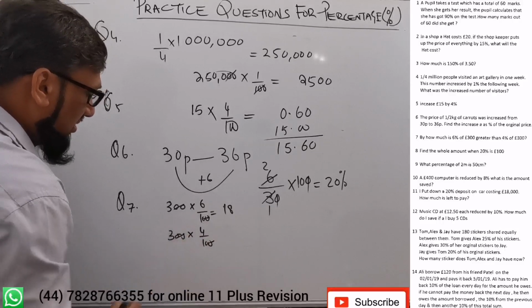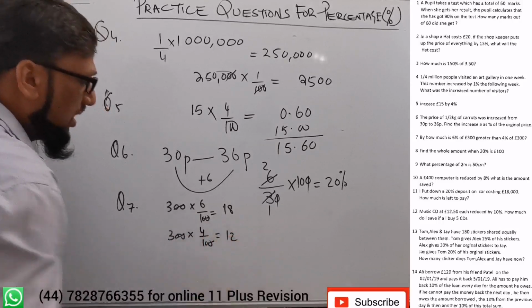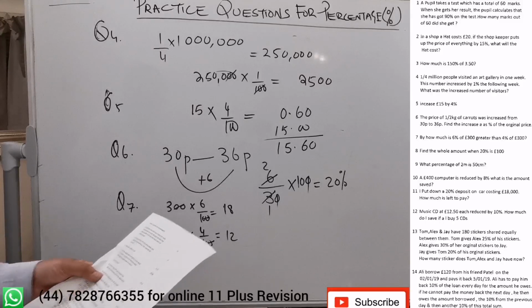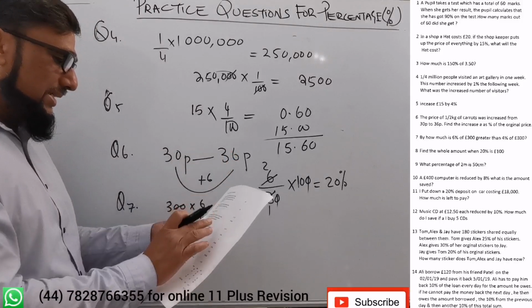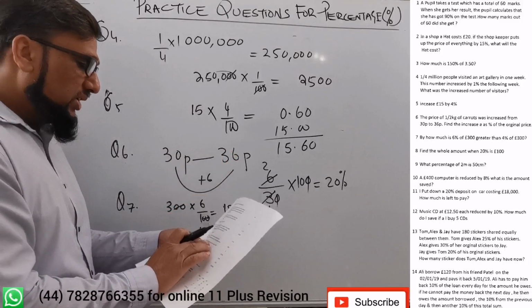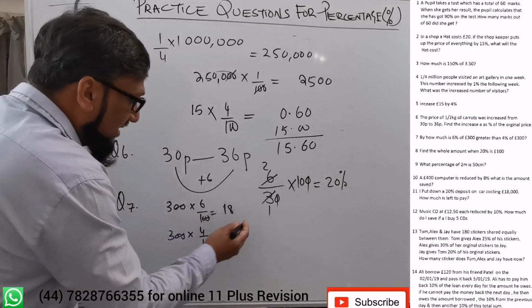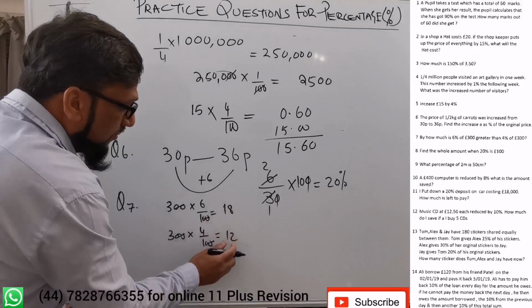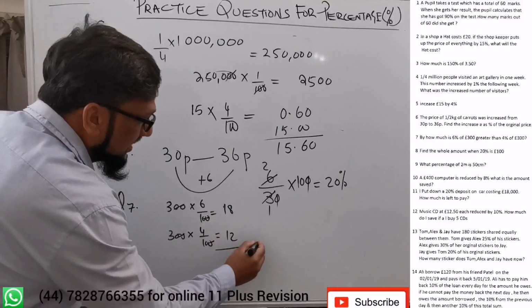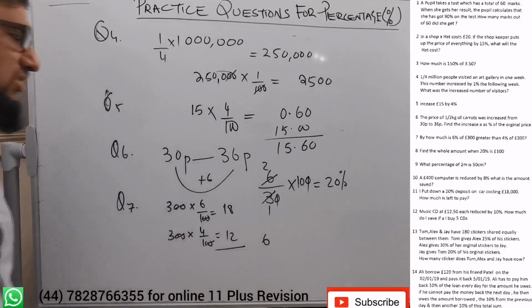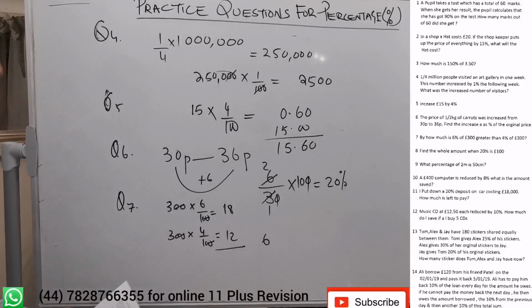And for the 4%, the 0s cancel, so 3 times 4 is 12. The question asks, read again, how much is 6% of 300 greater than 4% of 300? So 18 minus 12, which is 6. How much greater? By 6.